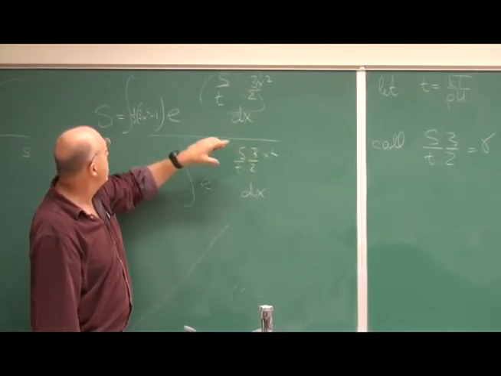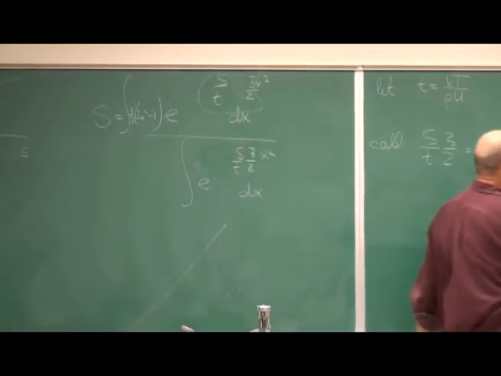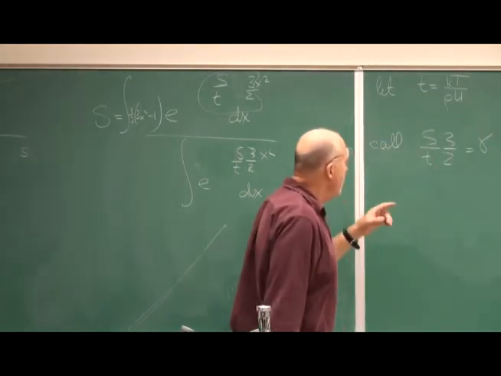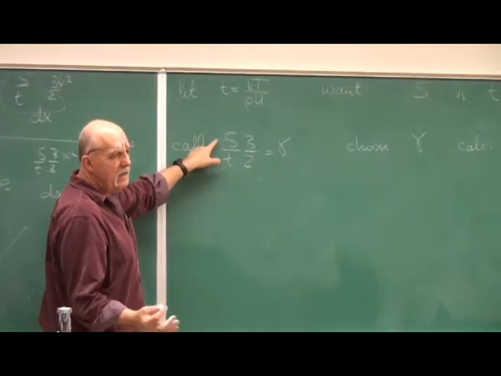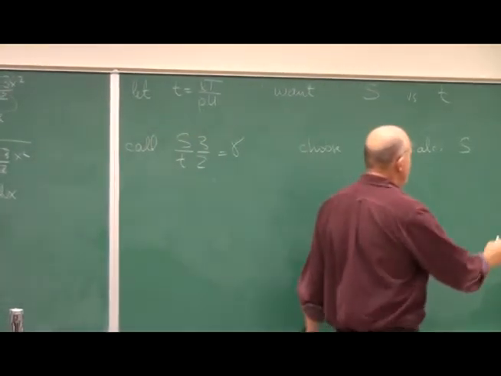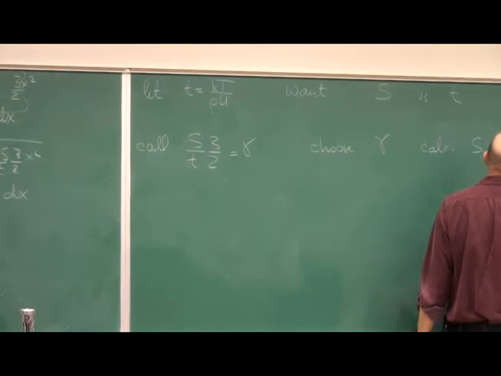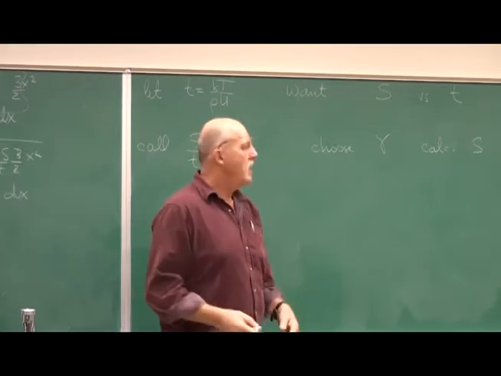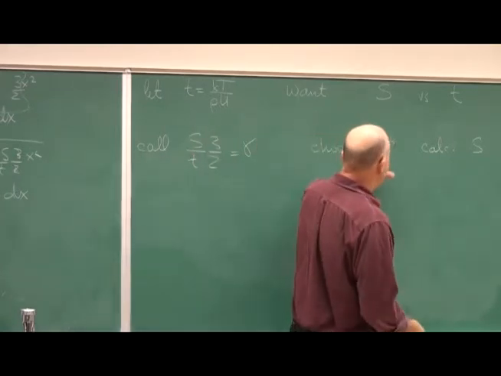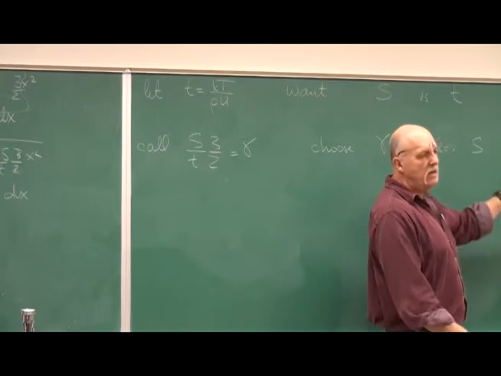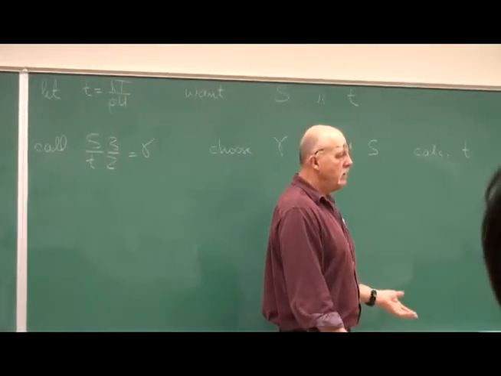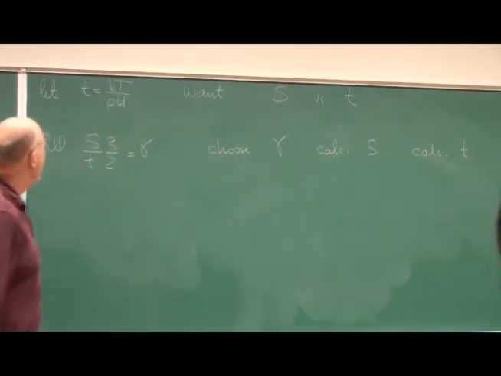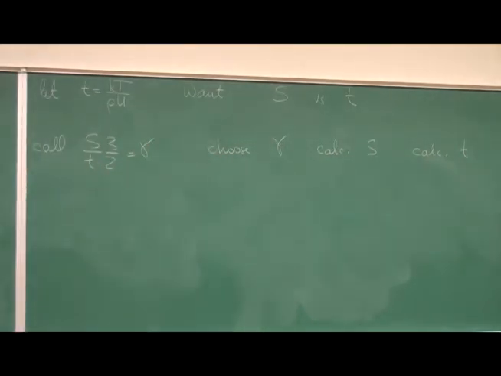I just put in the gamma, I calculate S. Once I have S, I can come back here and calculate T. So in this way, I don't have to do the root finding. I just choose gamma, and then for that gamma, I find what S and T are. And I just keep on doing it until I get a whole bunch of S and T. So that's a lot more efficient than doing this root finding.